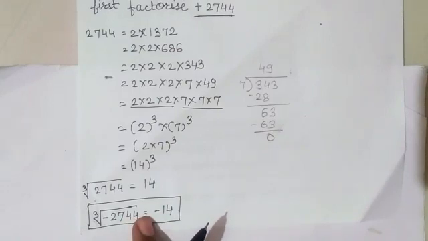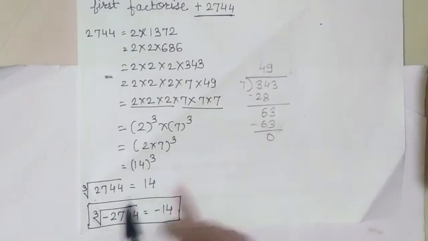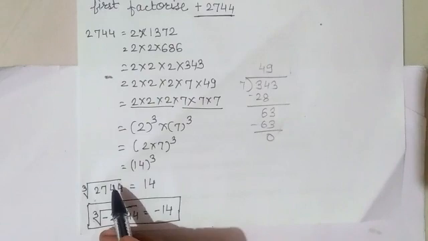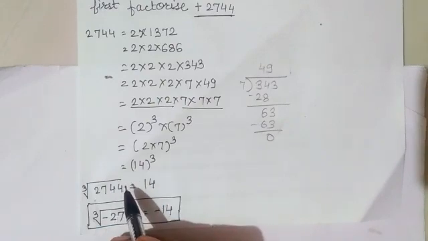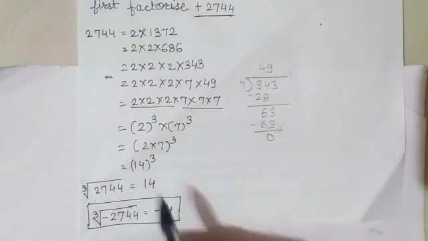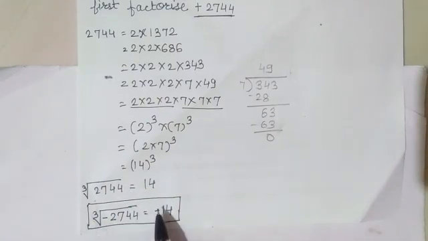This will be your actual correct answer. If you have written it this way and you have not put the negative symbol here, then you will not get the proper marks, or your marks will be cut. So don't forget to write the negative symbols in the answer.